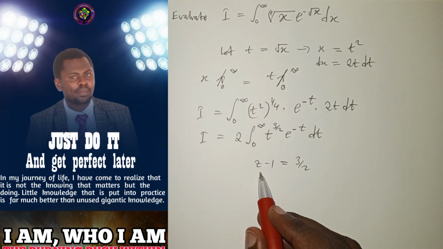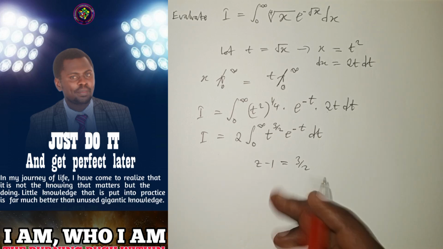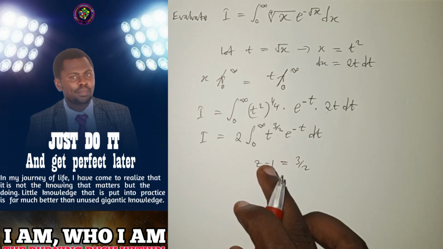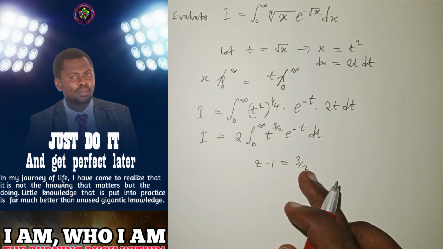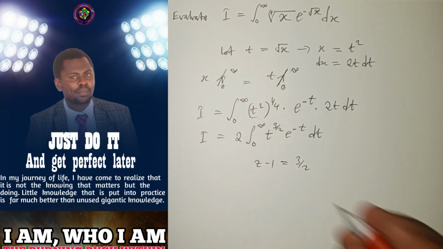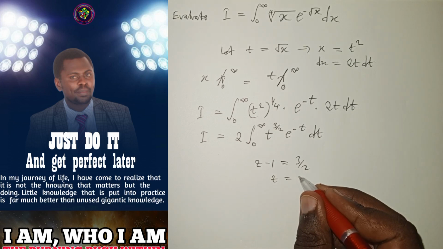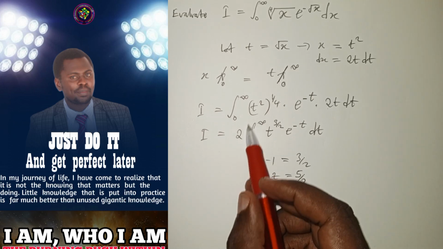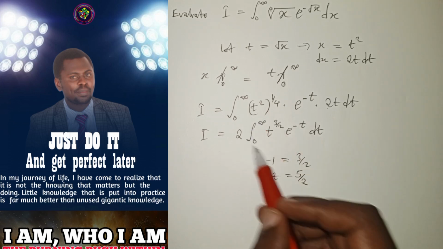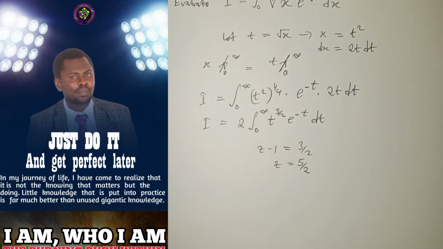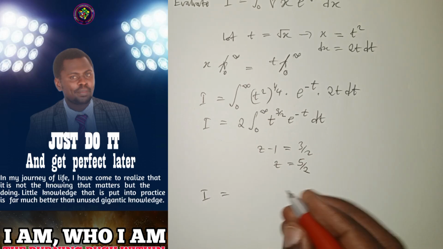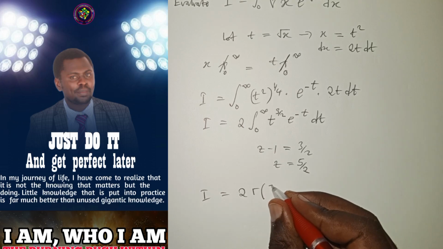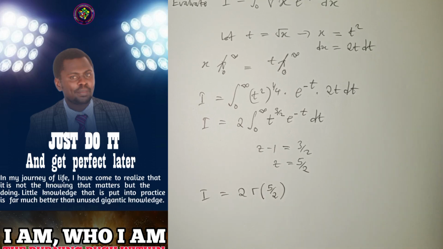For us to remain with z, this is minus 1, so we are going to add 1 to both sides of the equation. When you add, the 1 will cancel out the minus 1. So 3 over 2 plus 1, you get 5 over 2. So z is equal to 5 over 2, and we know that this is just gamma of z. So I is equal to 2 gamma of 5 over 2.